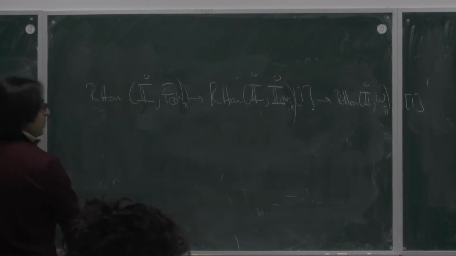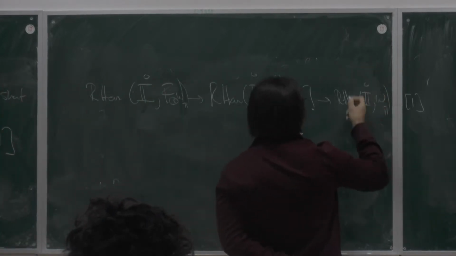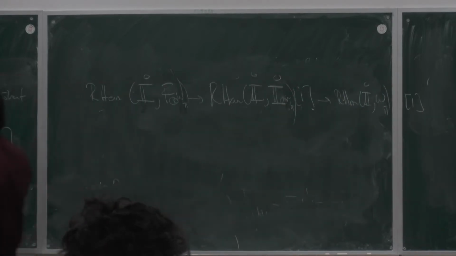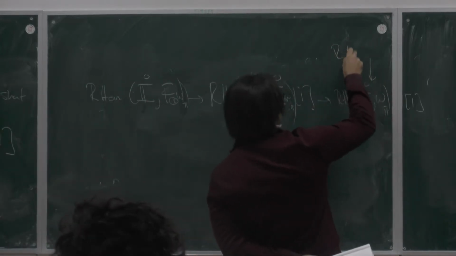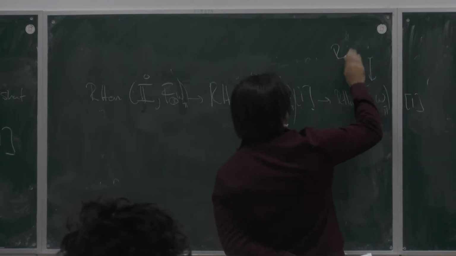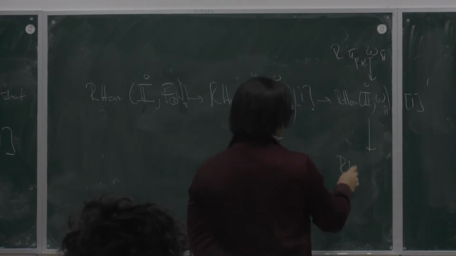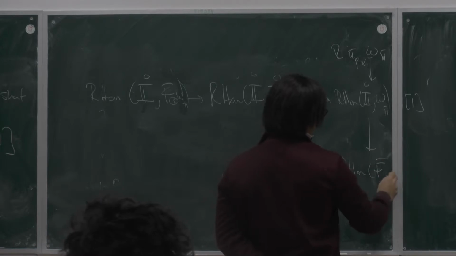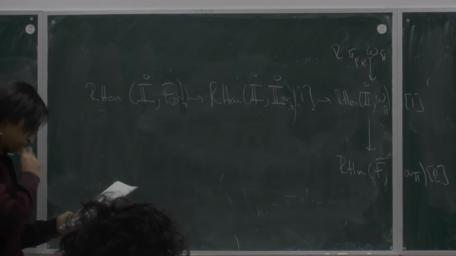Okay. Alright. There is this little technicality in here. If I apply omega to this thing, I can also apply R Hom tensor omega to this, like that, and this probably gives me something like R pi lower star omega, and then it should give me R Hom of F, omega pi.